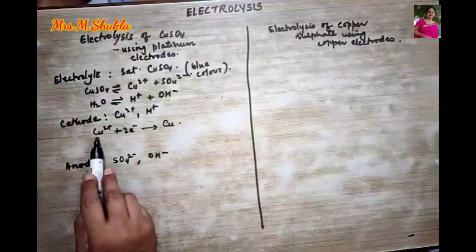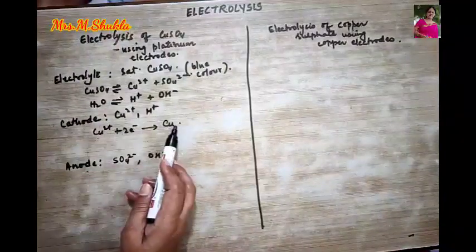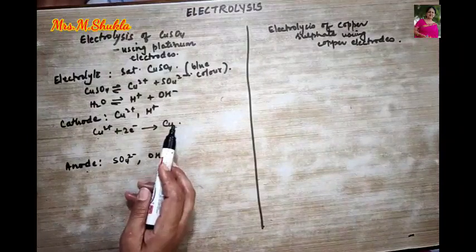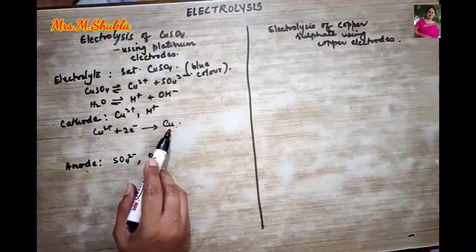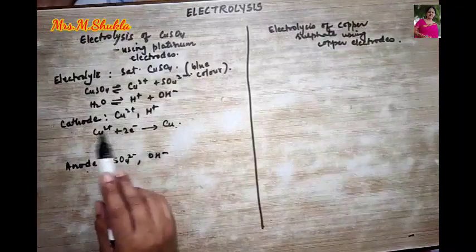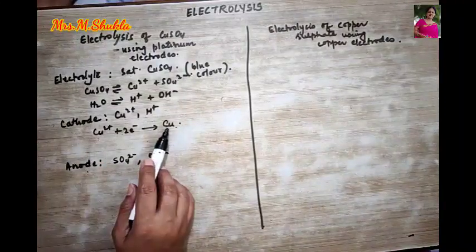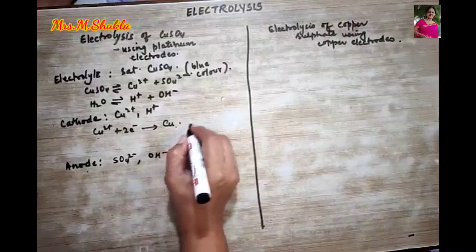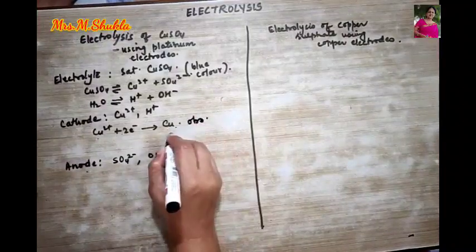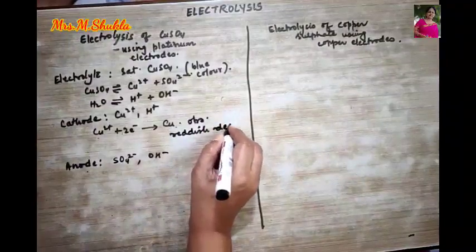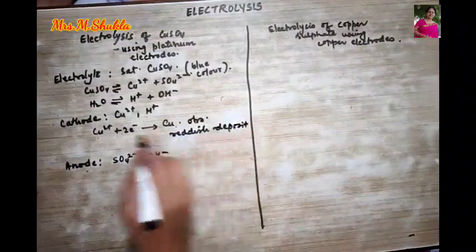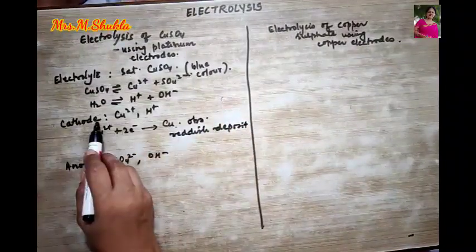What happened? That copper accepted 2 electrons and has become neutral, right? And what do you observe over here? At cathode, the reddish deposit is seen. Observation: reddish deposit on the cathode.